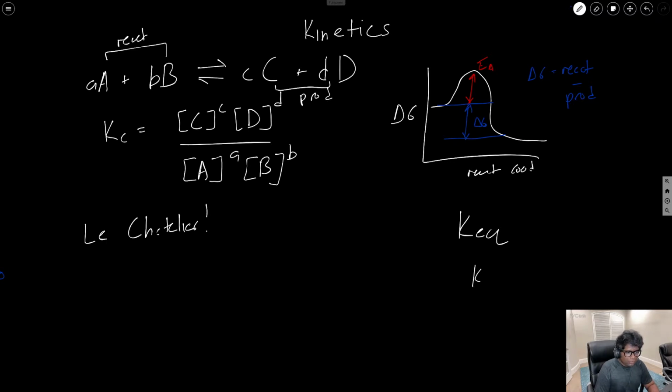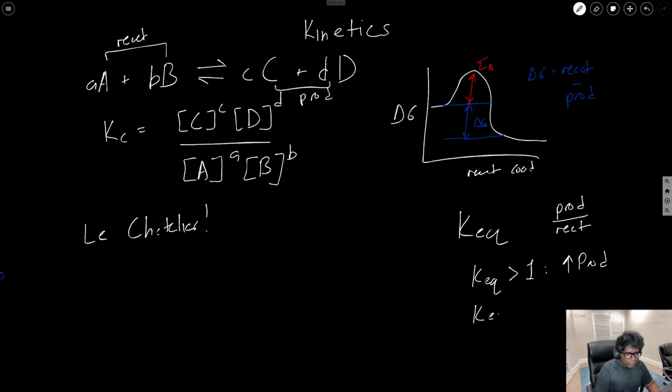So Keq, I'll write Keq. I'm not going to be lazy about this. Keq, if it's greater than 1, what does that mean? Keq is greater than 1, so it's products over reactants. So what does it mean if Keq is greater than 1? Exactly. You have more products. So if you have more products, this would be great to go into Le Chatelier's. So you have more products. I'll also write that as more products.